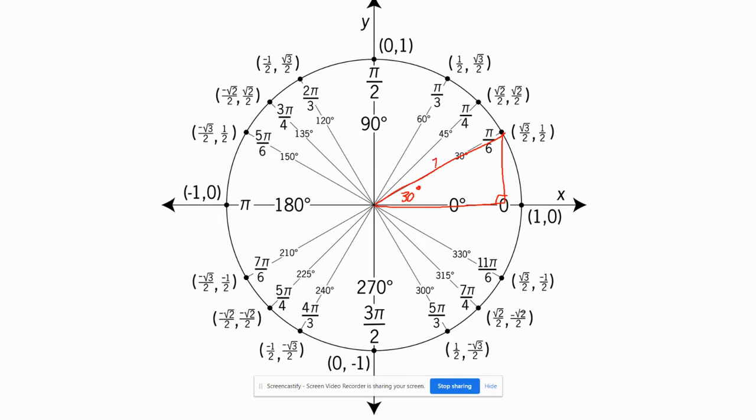Well, I know that this is 1, and I know this is a 30, 60, 90 triangle. So opposite my 30 is going to be x. This would be 2x. And this would be x times the square root of 3, if I'm using my 30, 60, 90 triangle pattern. So if my hypotenuse is 1, I know that 2x equals 1, so x is going to equal 1/2.